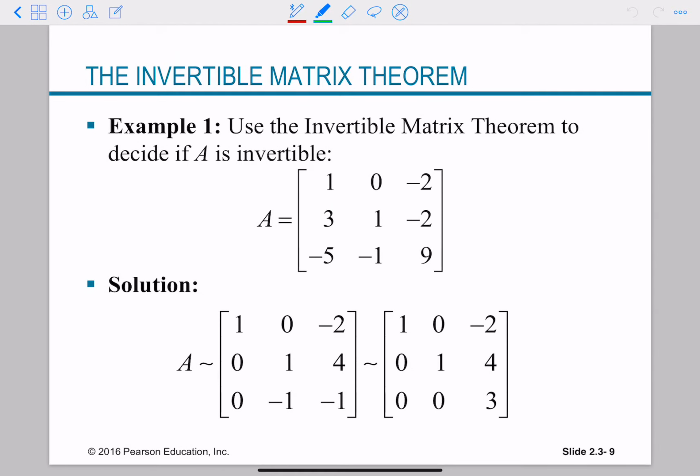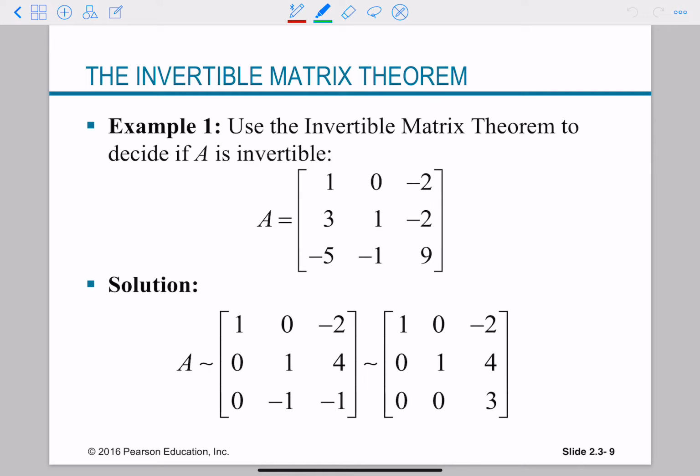So this example is asking to determine whether this matrix is invertible or not. In order to determine that, we can simply check whether its echelon form or reduced echelon form is identity matrix. So still our mechanical computation is just Gaussian elimination.